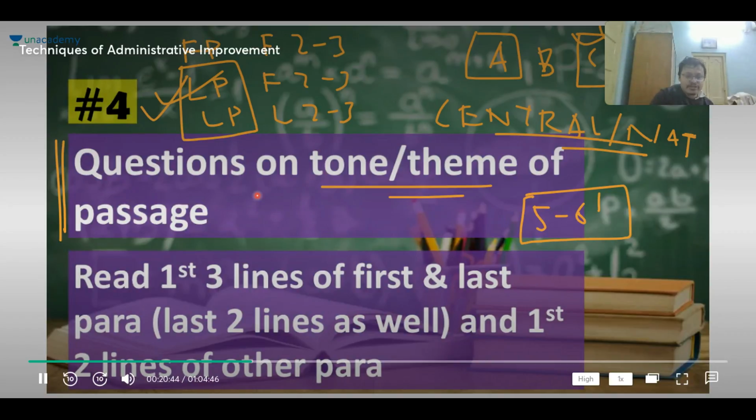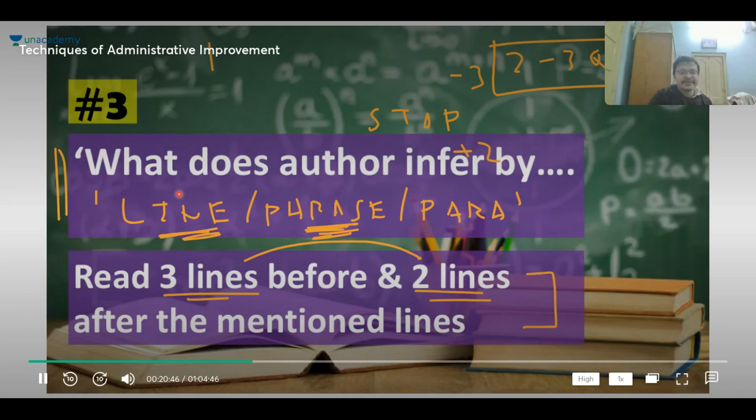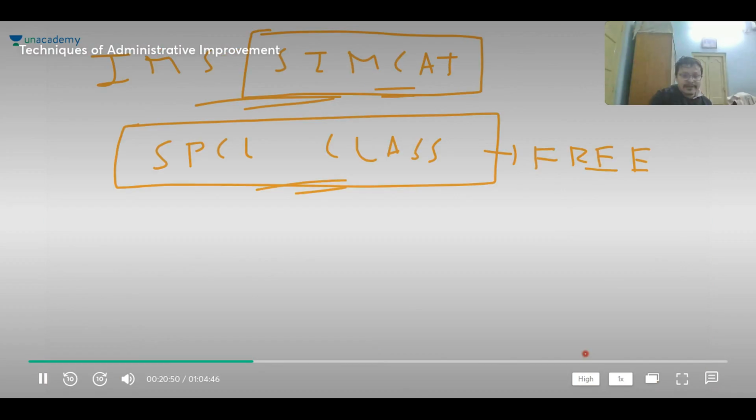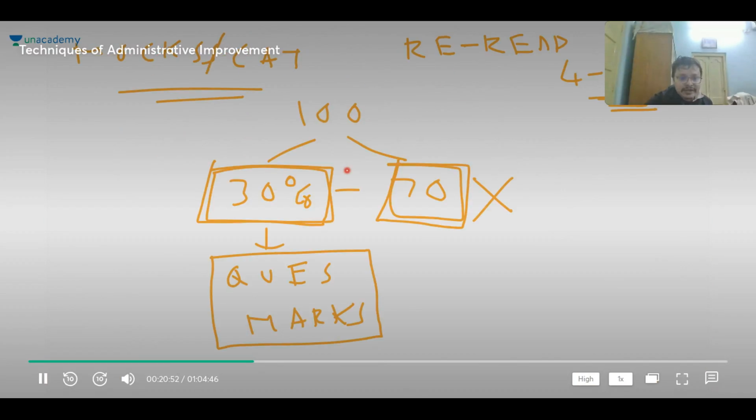So again, it's just a game of 5-6 lines. Remember, it's ultimately a game of only 30% of the passage that is relevant; 70% is irrelevant as far as marks are concerned. Your ultimate objective is to get marks.